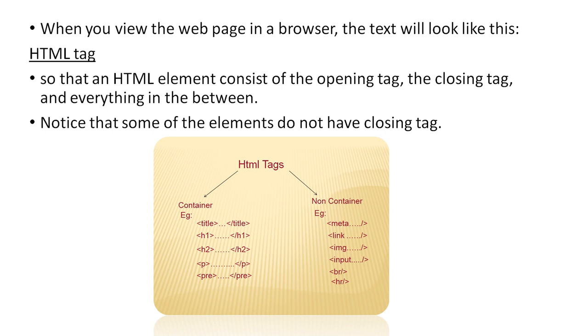these two tags. Notice that some elements in HTML do not have a closing tag. We call them non-container tags, and the ones that have on and off tags, we call container tags.